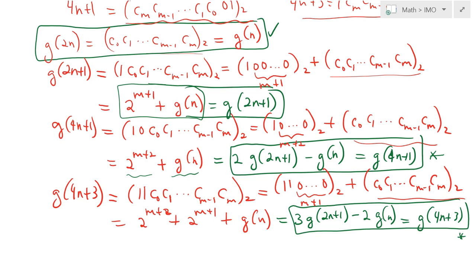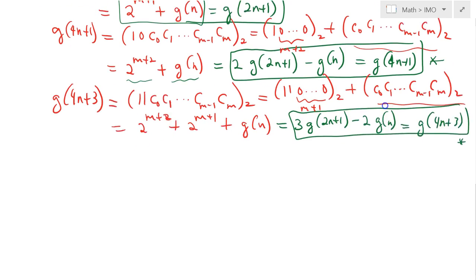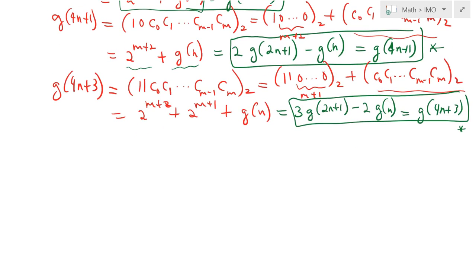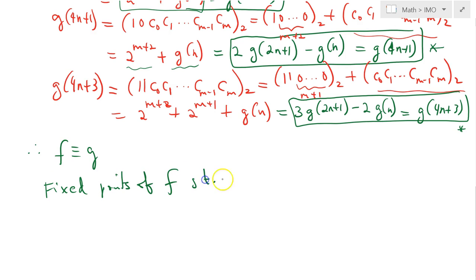Now in the second part, all that matters now is to figure out the fixed points of this function f. So we established therefore f is in fact identical to g. Now we need to figure out the fixed points of f such that f of x is equal to x for x less than or equal to 1988.